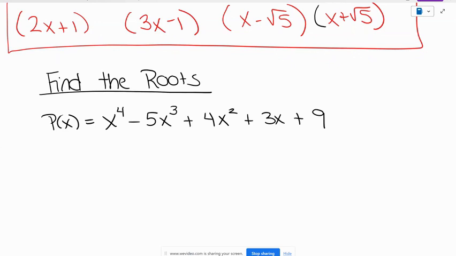This one? No, this is a negative 1. Negative 1 plus or minus. You got it. You have to simplify under the radical now.